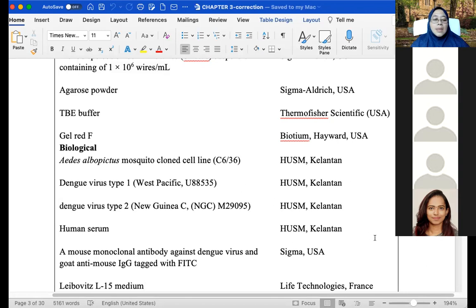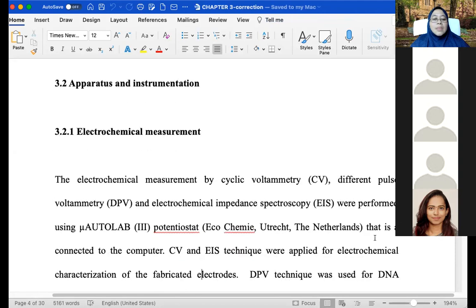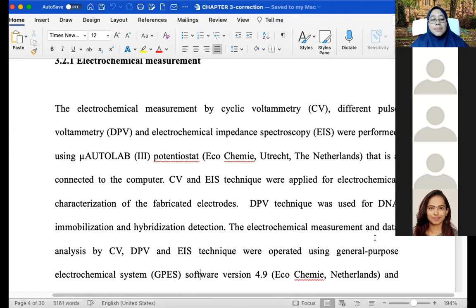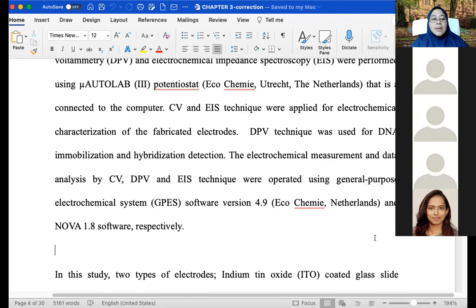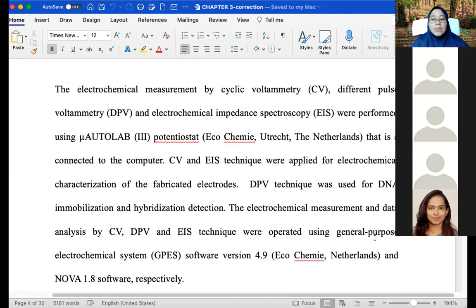These are instrumentation. Of course, you have to declare the brand and the model, because this information is related to the reliability of the data obtained, right? The setup, yeah. If you find it difficult to put it in words and you think that the reader will not fully understand, you can assist the reader by drawing diagrams.